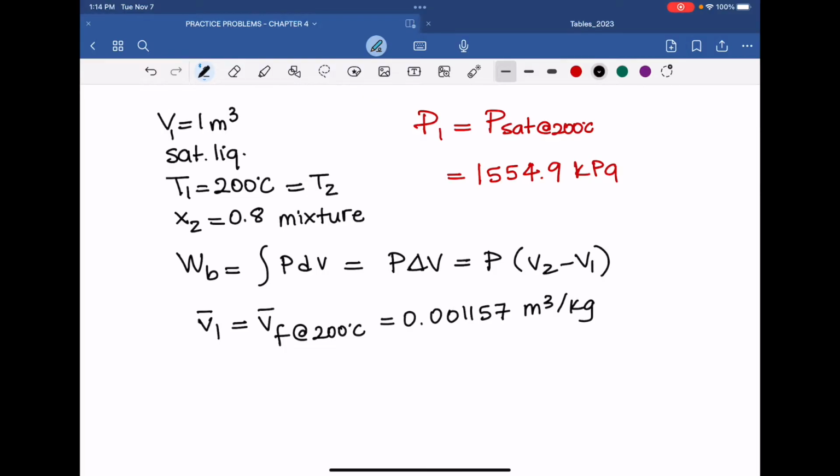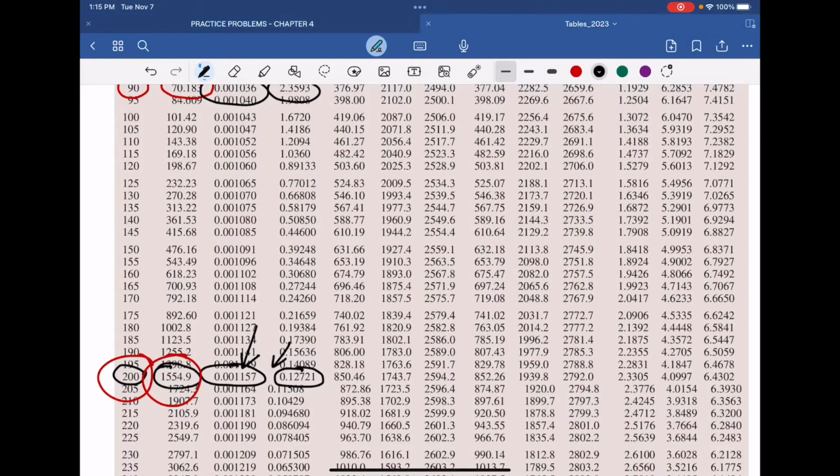Okay, and then the next thing is, as a mixture, how we can calculate V2 is, you know, through use of quality. And at that temperature, we can again read Vf and Vg.